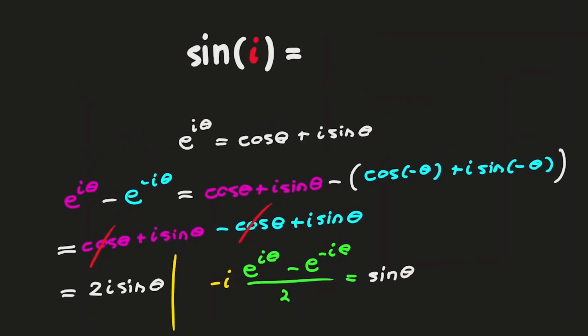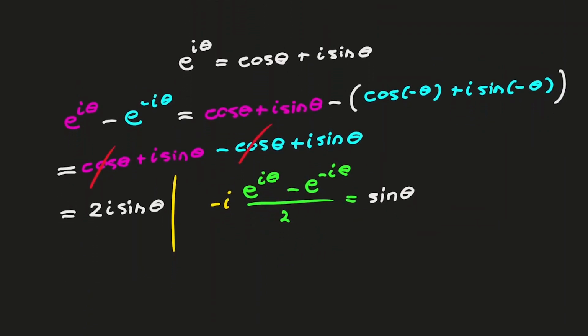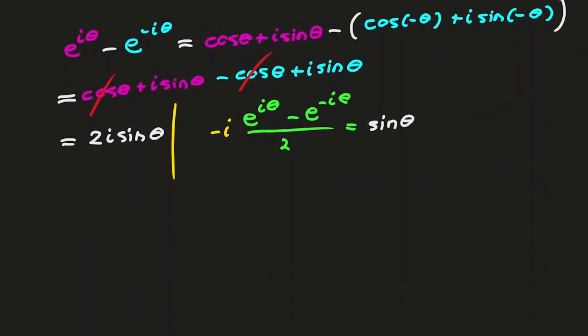In this case, we're interested in i. So let's put i instead of theta and let's see what happens. So minus i times e to the i times i, then we have minus e to the minus i times i again, all divided by 2. And this is equal to sine of i.